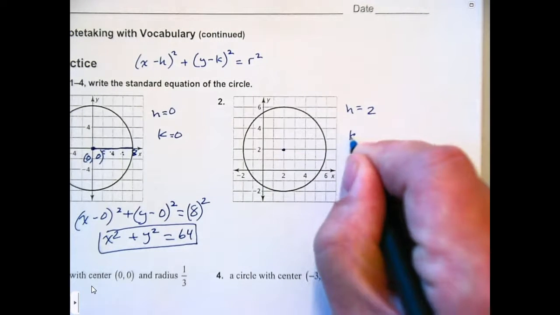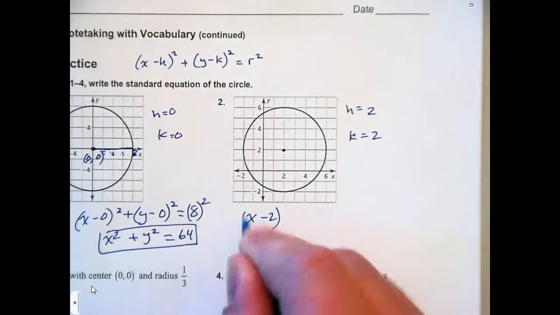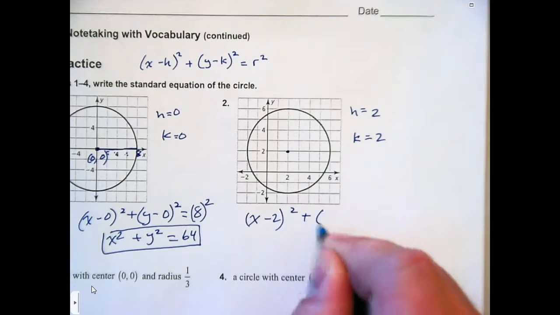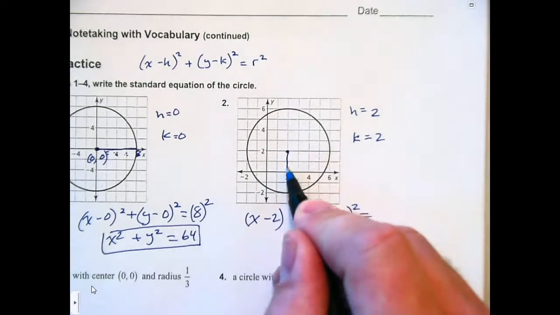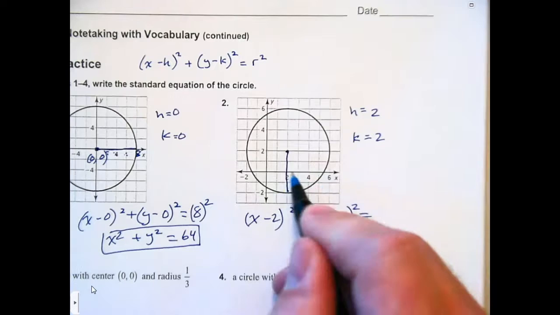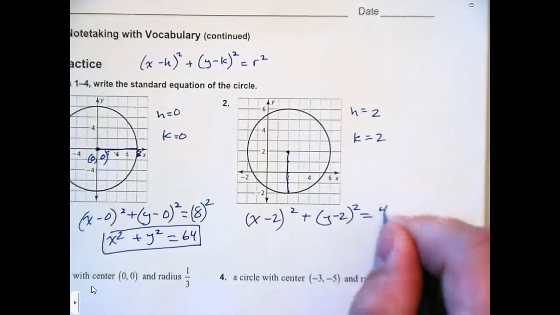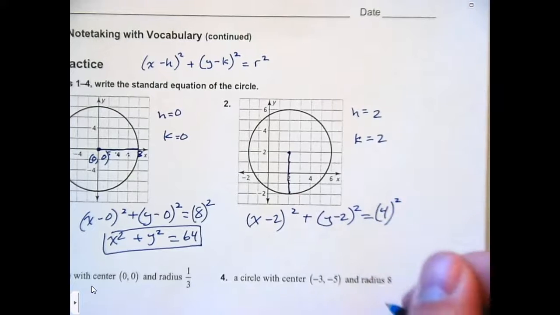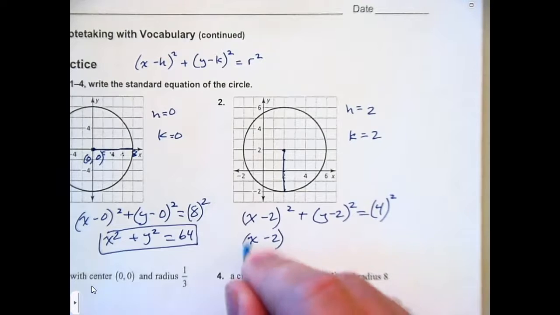Maddie, did you get 2, 2? All right, both Maddies got 2, 2. So we get (x - 2) squared plus (y - 2) squared equals, what's our radius? It is 1, 2, 3, and 4. This time they're going up by 1. So we get 4 squared, or 16.